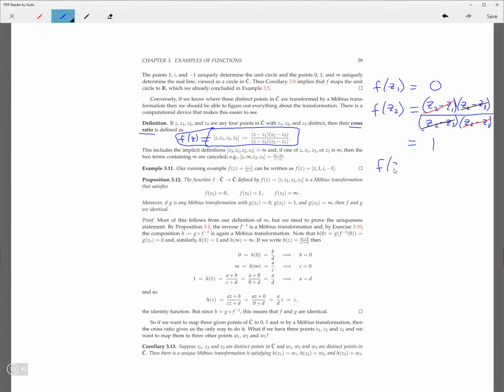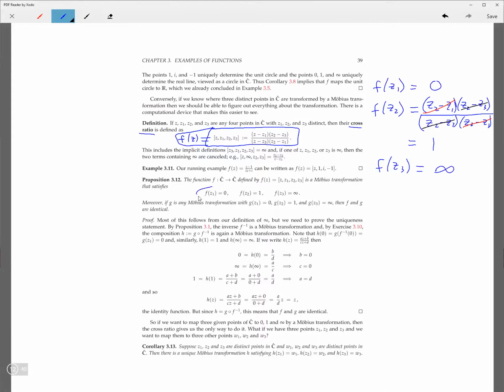What about f of z3? You put a z3 right there. It's 3, and then you have z. It's still going to be undefined. Infinity? Yeah, you have a 0 in the denominator. When you get 0 in the denominator and there's a finite number in the numerator, that's going to be infinity.